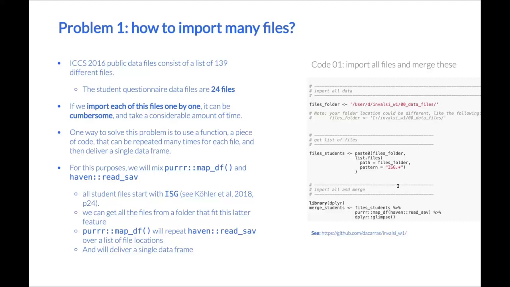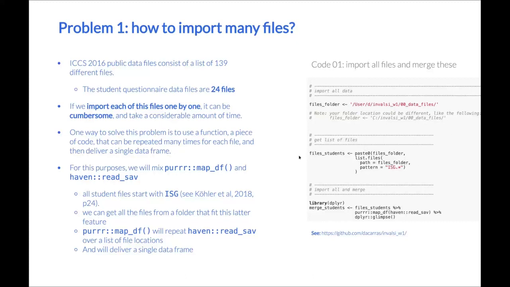All the files that contain the responses of the students from the background questionnaire start with the letters ISG. So out of the 139 files, we know that these are the only files that are collecting and storing the responses of the students to the background questionnaire.